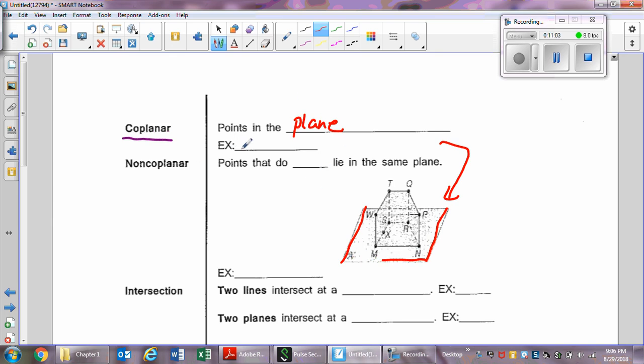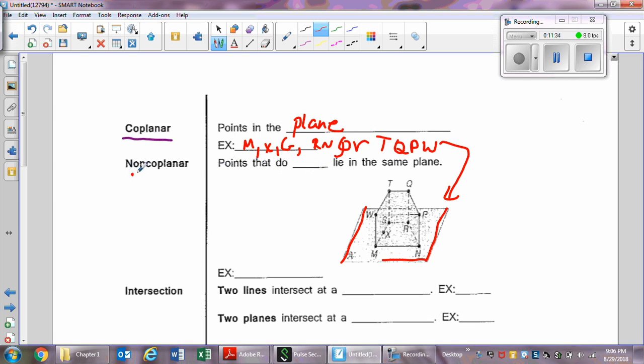So I can say points like M, X, G, R, N are coplanar. They're all at the bottom. Or I can use the top one, which is T, Q, P, W. They are coplanar points. They're on the same plane, either on the top or at the bottom.